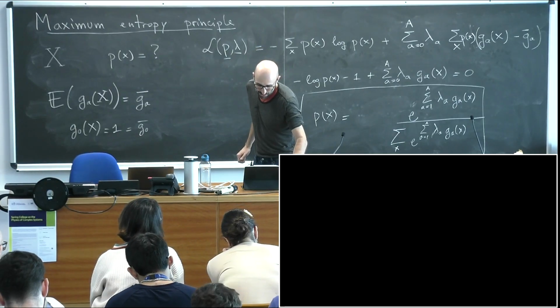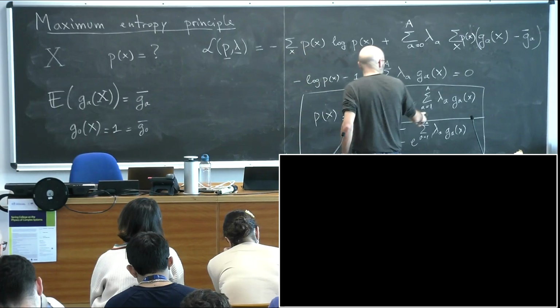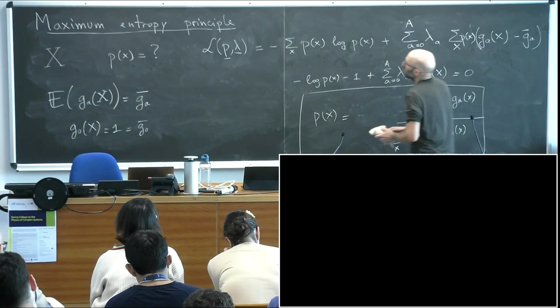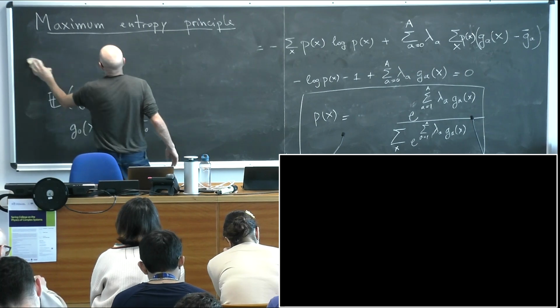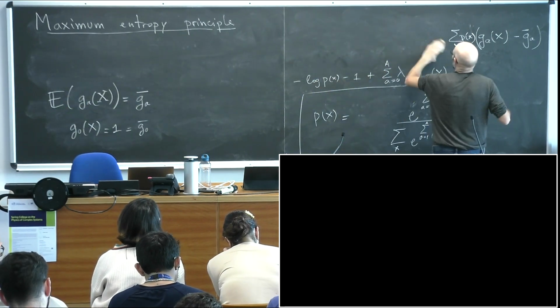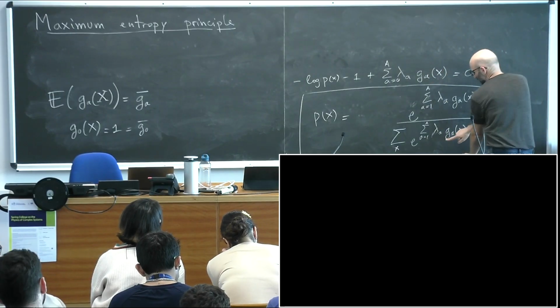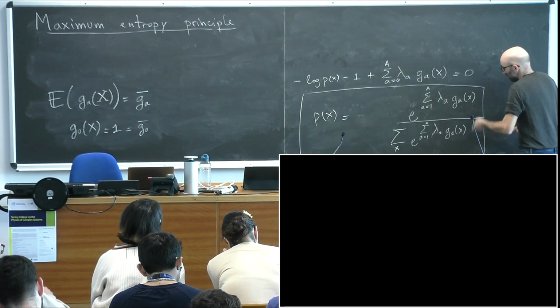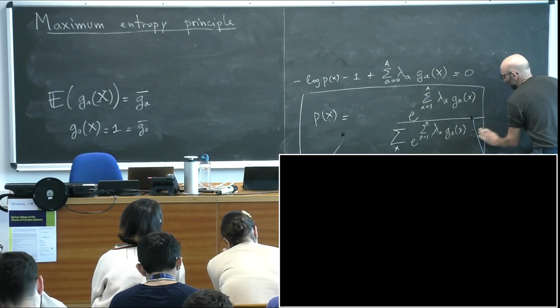So now, what are the nice properties of these distributions? The nice property is that the denominator, you already know from statistical physics, is what you can call the partition function. So let's write it here.